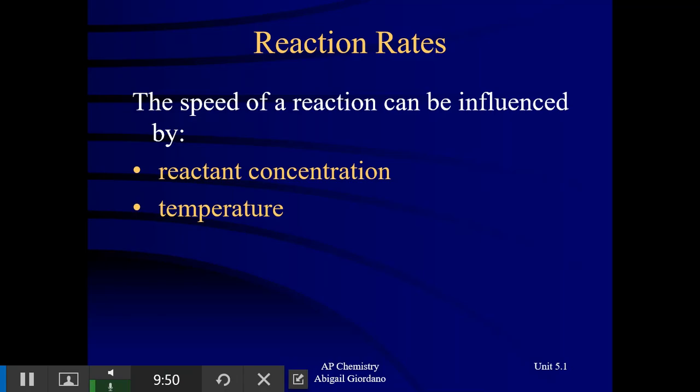Same thing happens if you increase the temperature of a reaction. Think about what happens when you raise the temperature of anything. You cause the particles to move faster, to have more energy content, so again there are going to be more collisions, and so the reaction rate will go up if you raise the temperature.